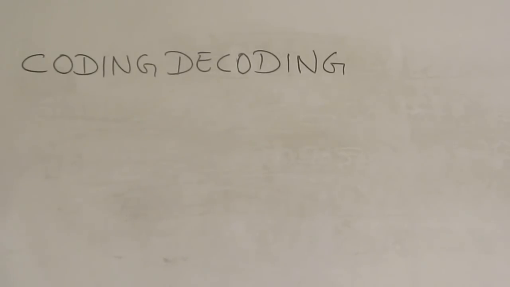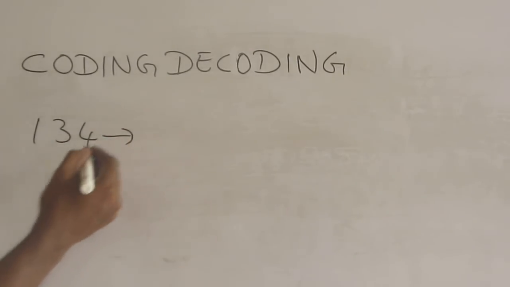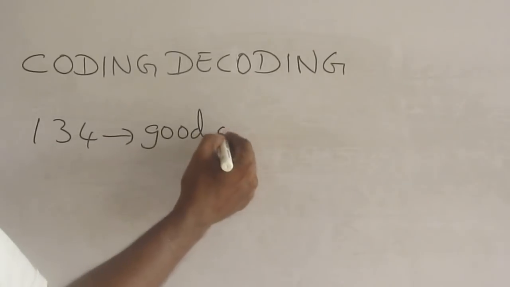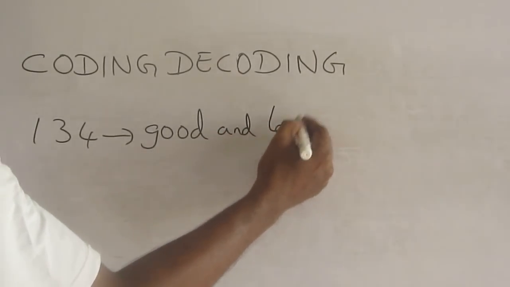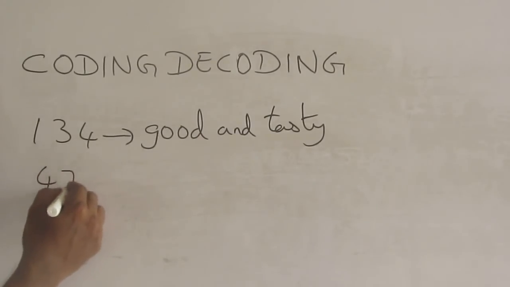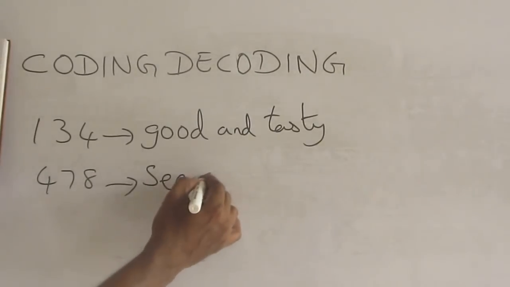The next question is, if 134 is coded as good and tasty, 478 is coded as see good pictures.